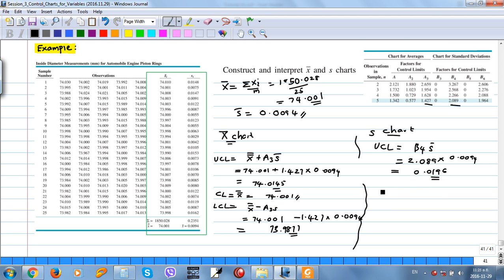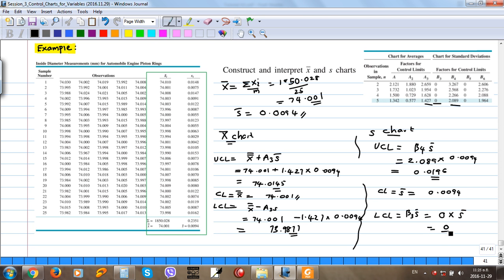The center line is S bar, equals 0.0094. The lower control limit equals B3 times S bar, where B3 equals 0, so the value is 0. These are the control limits for this example.